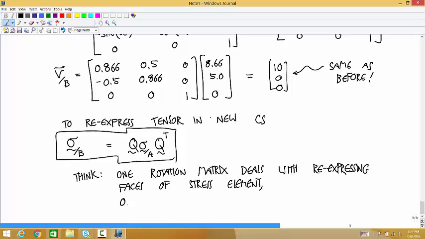And the other rotation matrix has to do with re-expressing the tractions on those new faces.